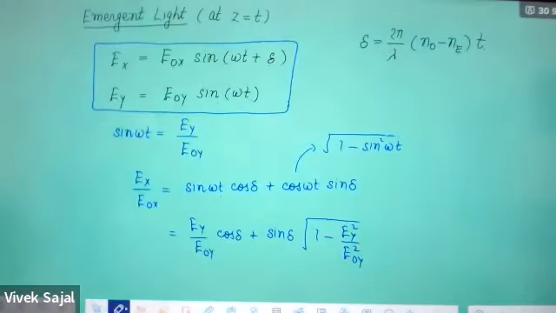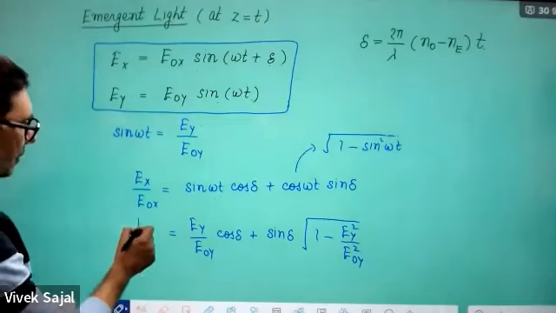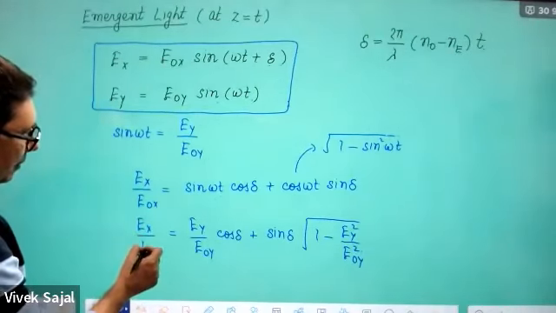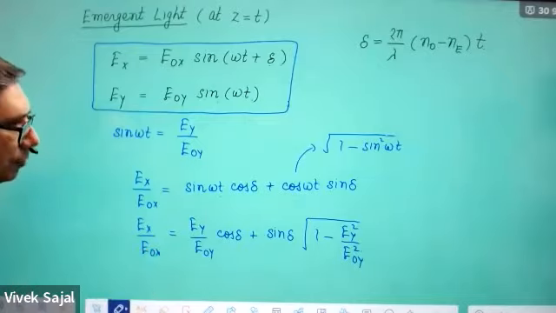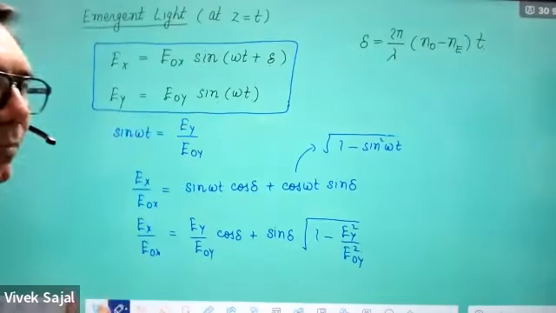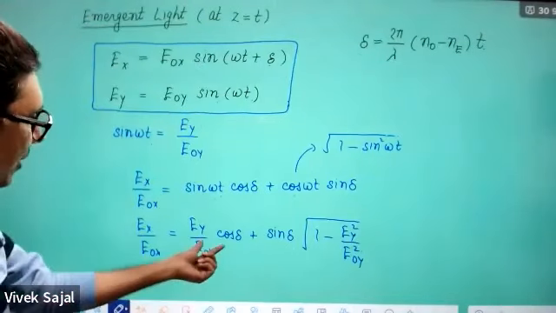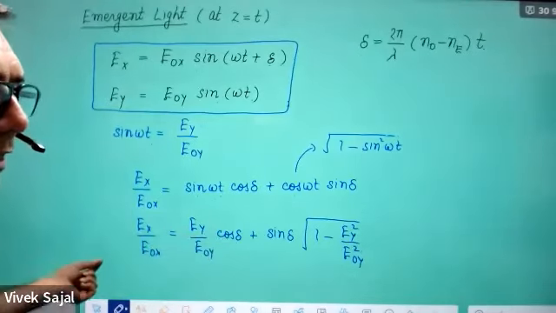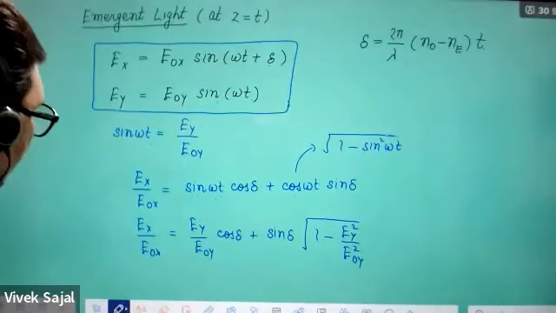So this is my equation. Now I want to simplify it and eliminate this square root. I bring the first term on the right side to the left, and then I will make the square of it.